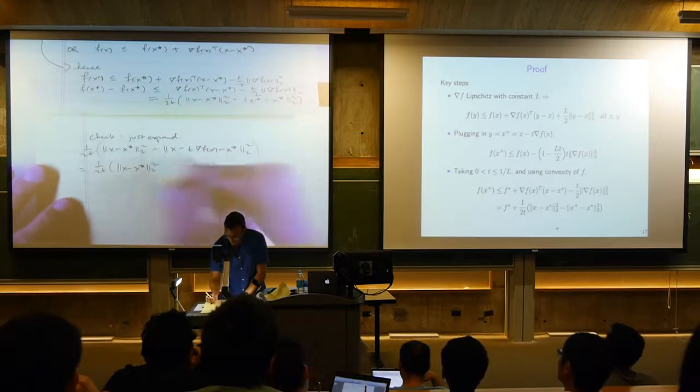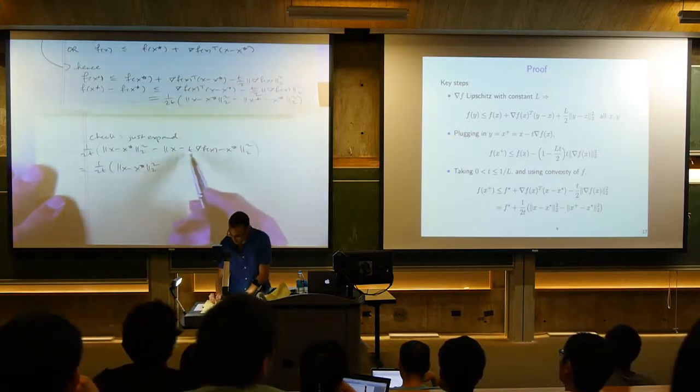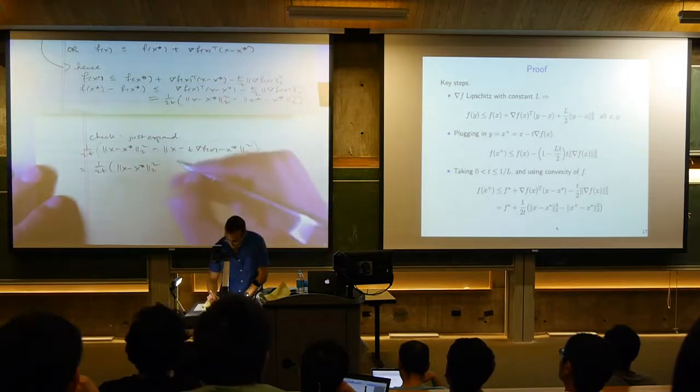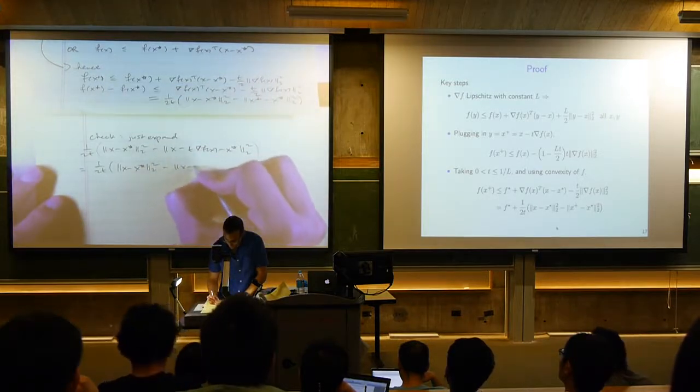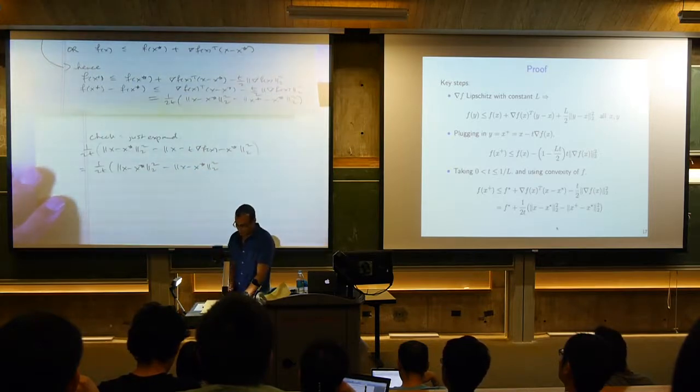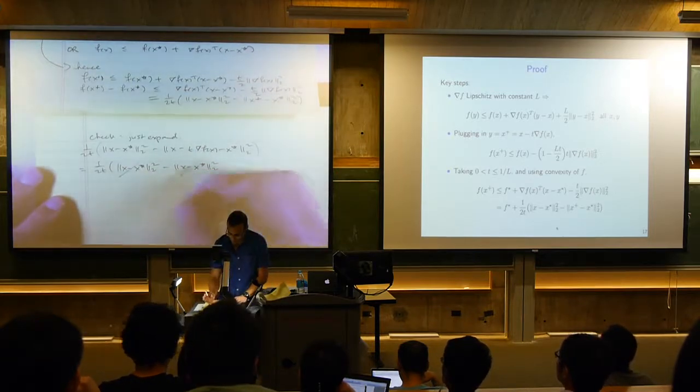Just expanding the square. And here I'll group this on its own and x minus x star together. So from the x minus x star term, I just get that squared, which cancels.